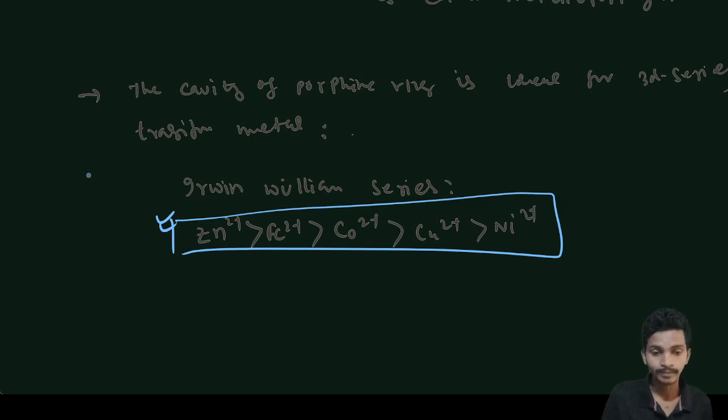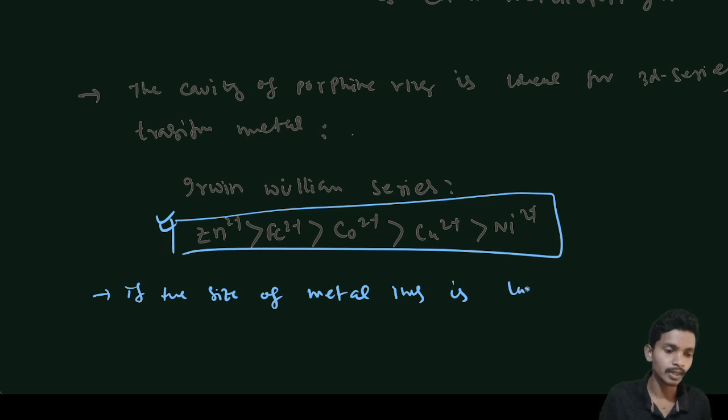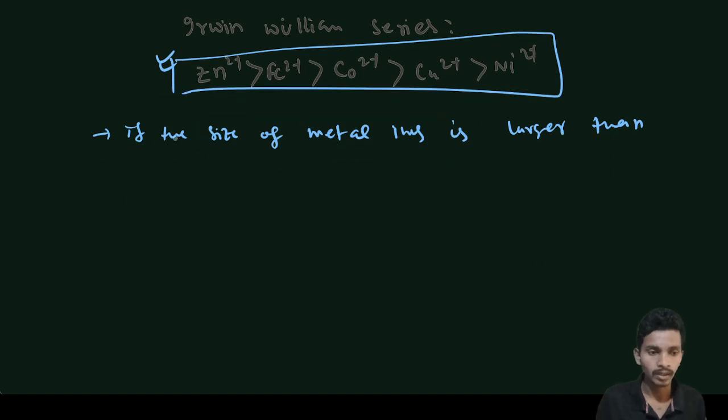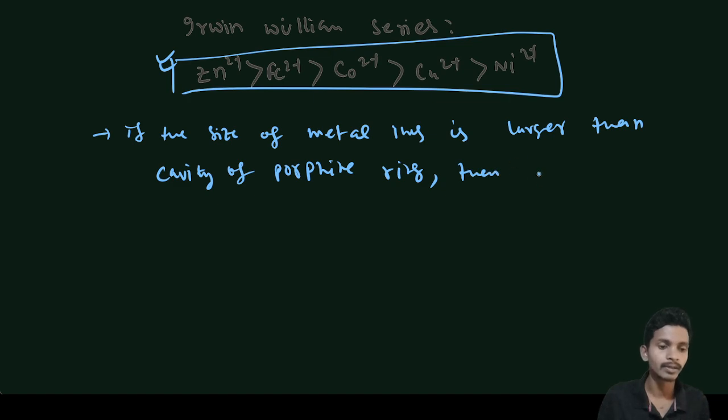Okay, and what you see is that if the size of the metal ion is larger or higher than the cavity of the porphine ring, then the metal will be located above or below the ring.